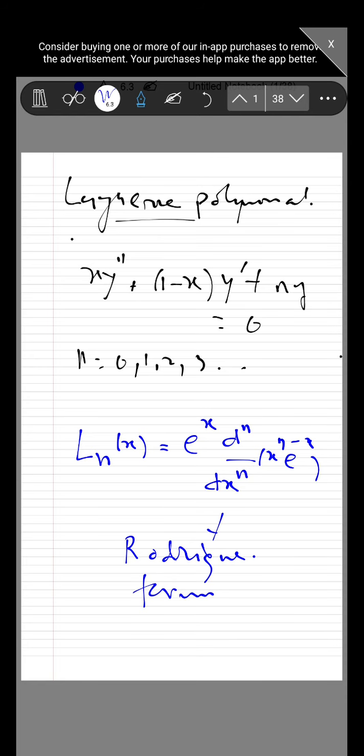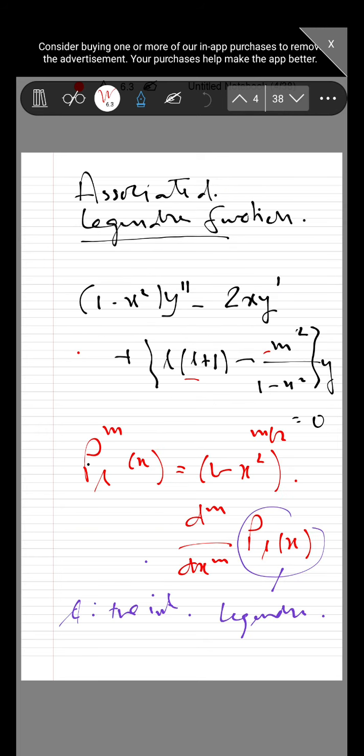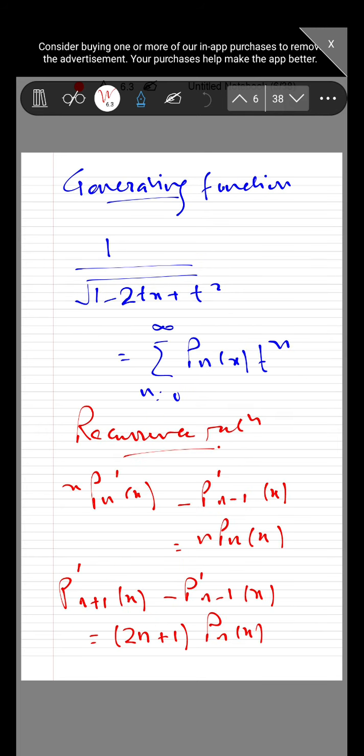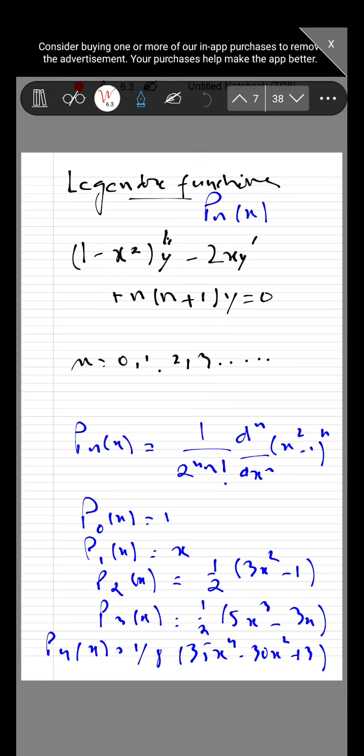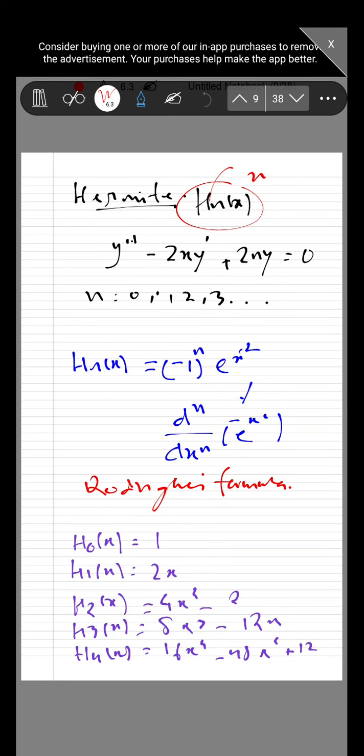So anything that is based upon this quantity d^n by dx^n, you can call it a Rodrigues' formula. You can see in the case of Hermite also the same type of expression came.